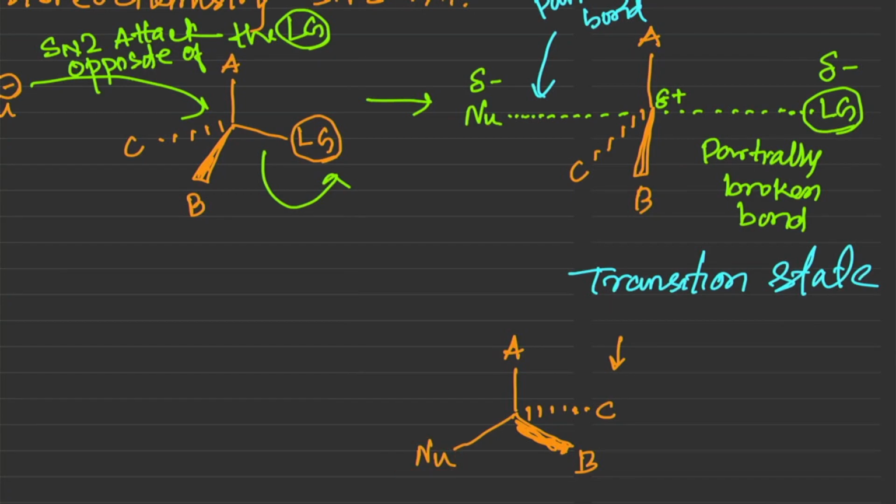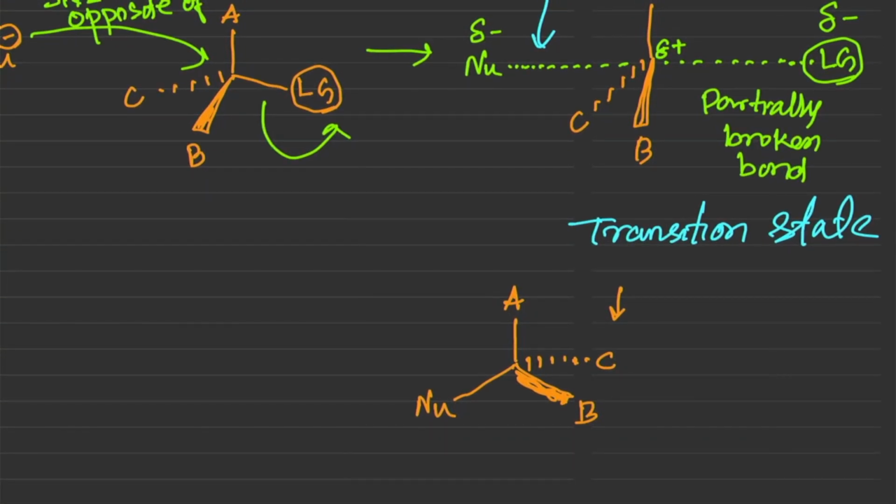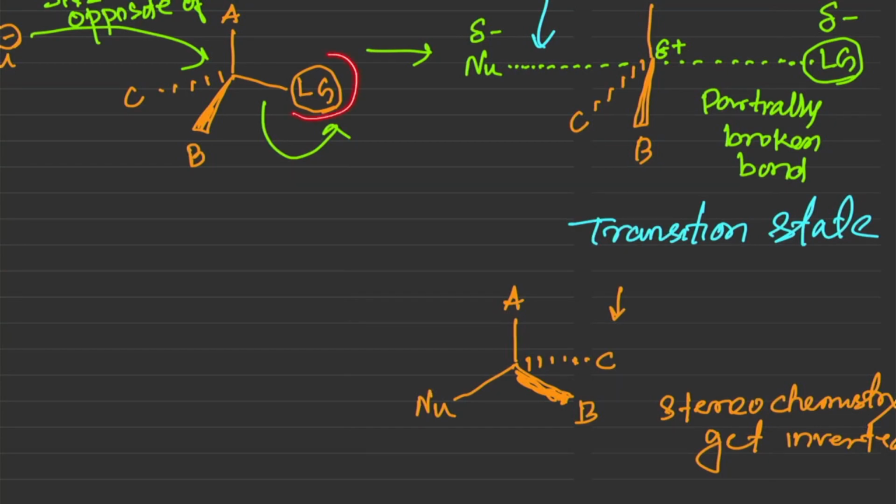So the stereochemistry gets inverted. Okay, the reason I draw it this way is to show you that the leaving group has gone away from the right side and the nucleophile has come from the left side.